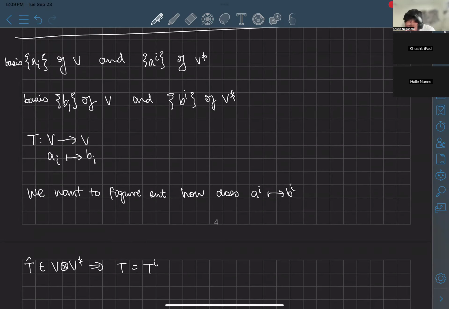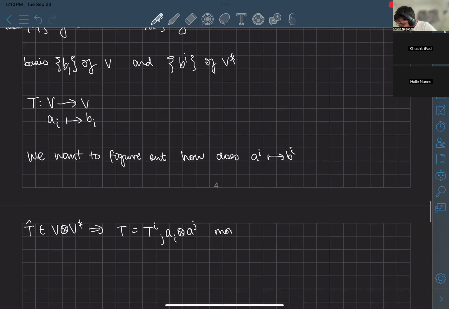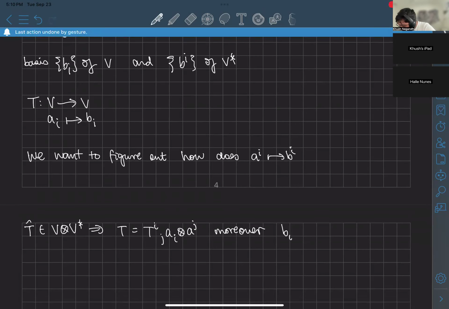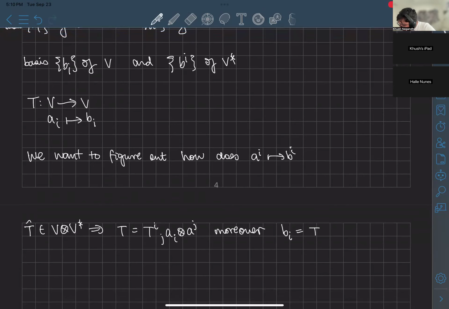Then I can write this as T^j_i a_j tensor a^i. Moreover, what this tells me is that b_i lower is nothing but T^j_i a_j.